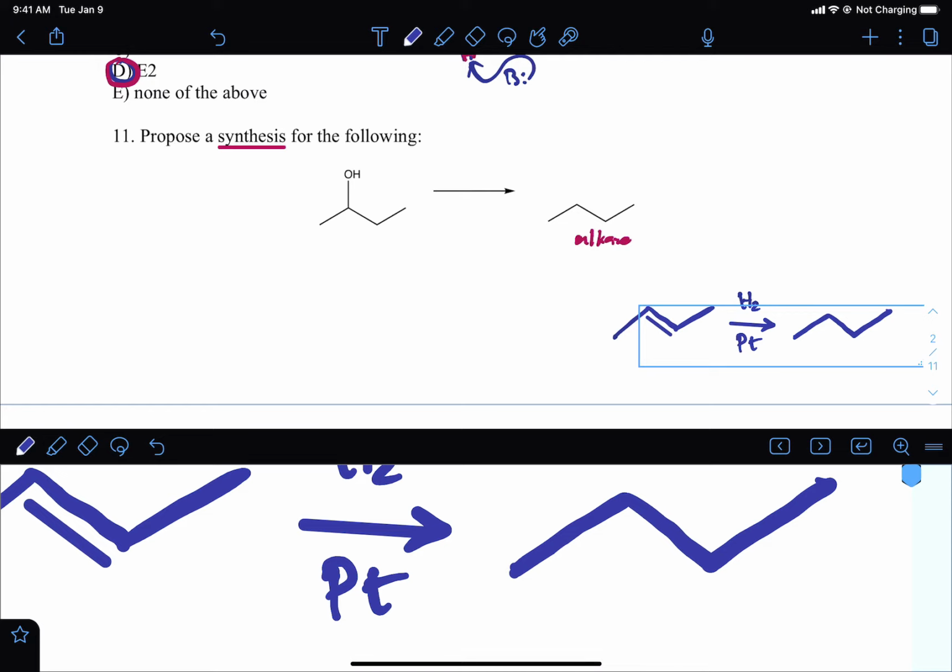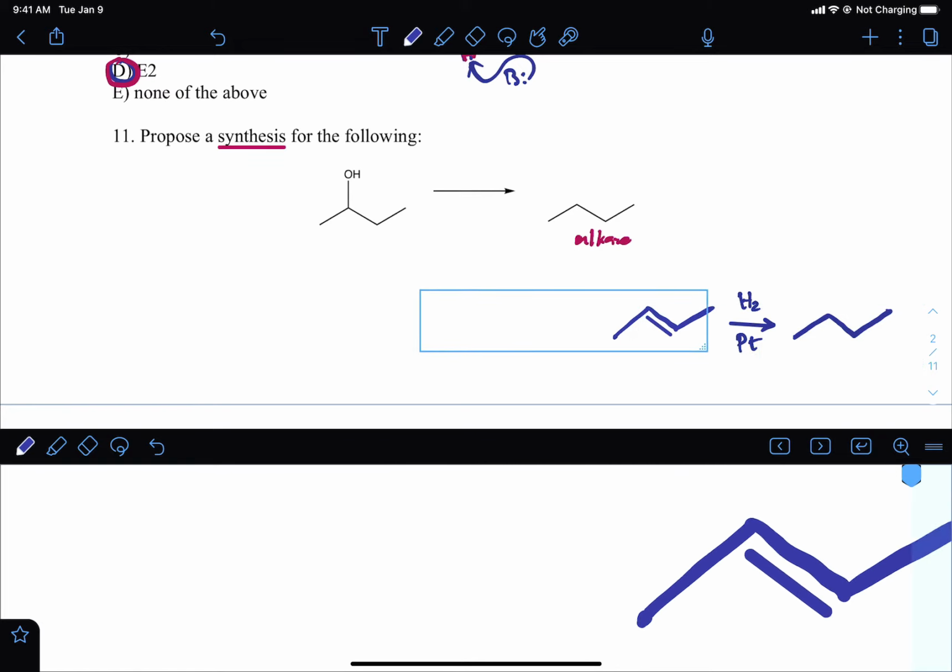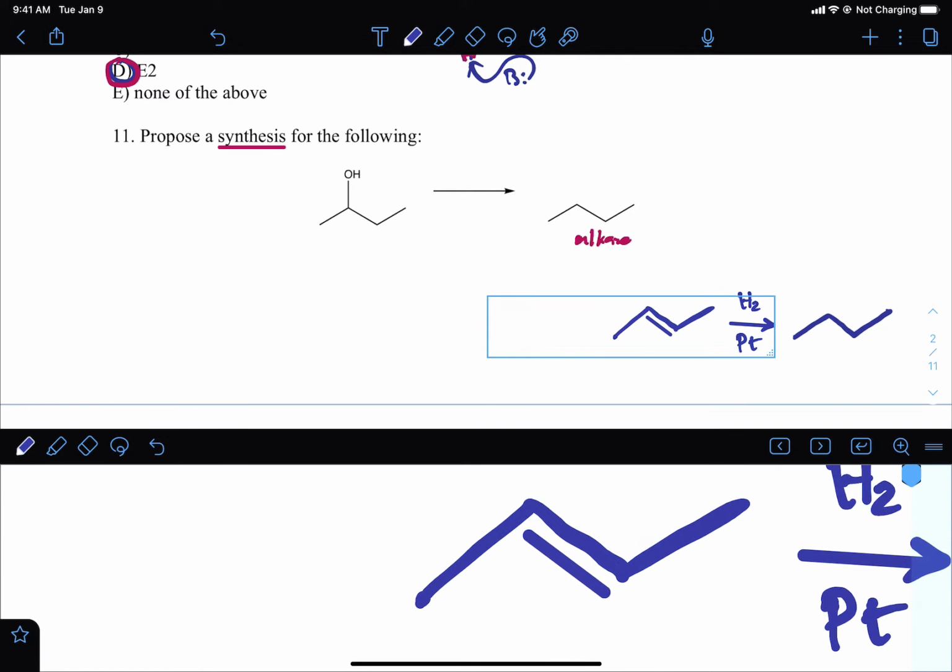So if our goal is an alkane, probably the last step would involve converting an alkene to the alkane. Okay, that's really the only reaction that is relevant at this point. Then we have to say, all right, well, how could we make the alkene?